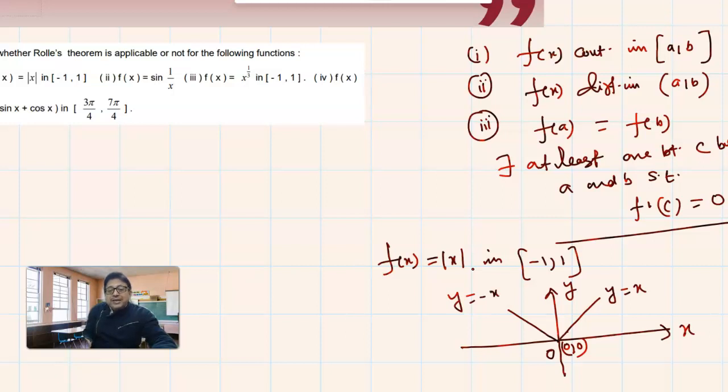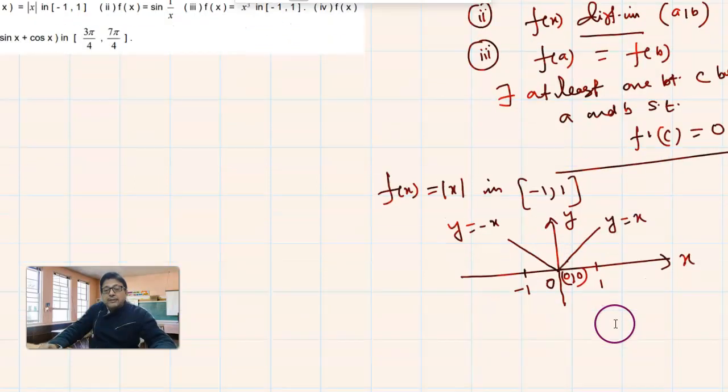So at the point 2 tangents exist, meaning dy by dx has 2 values. 2 values means the function will not be differentiable at x equal to 0, which is a point in between -1 and +1.